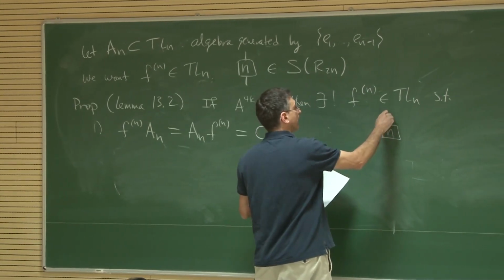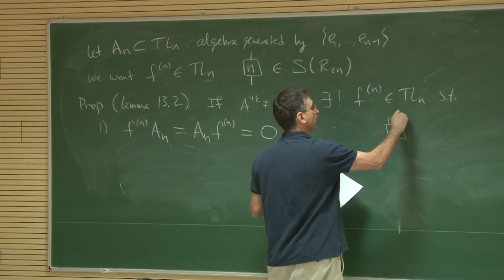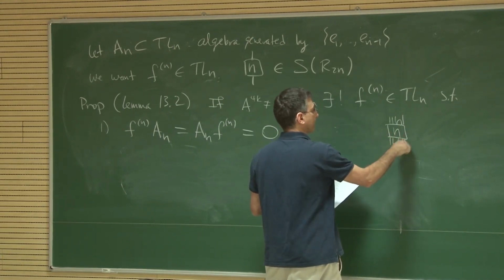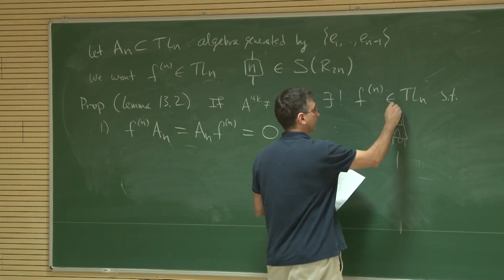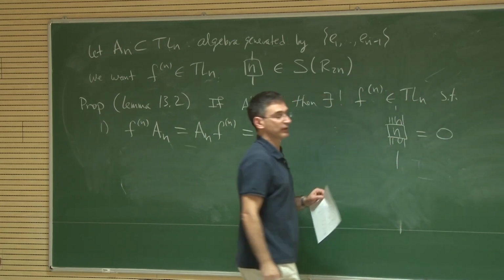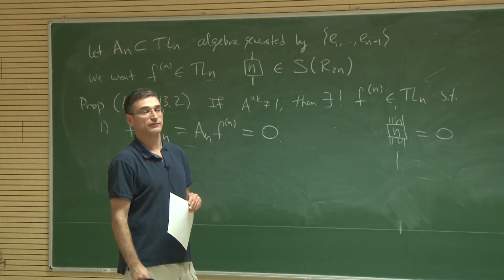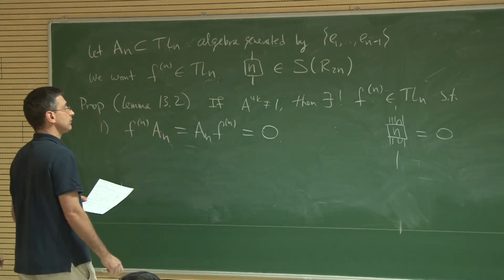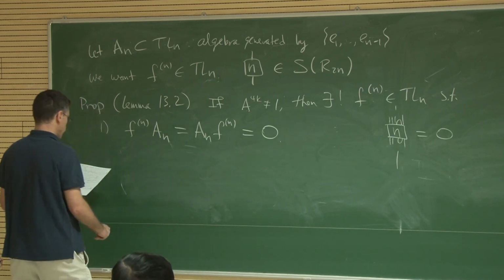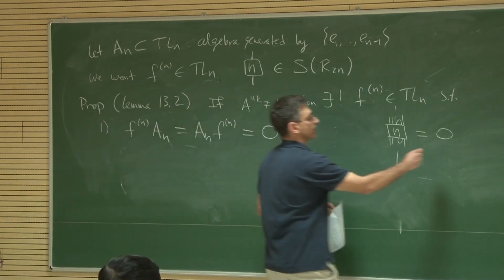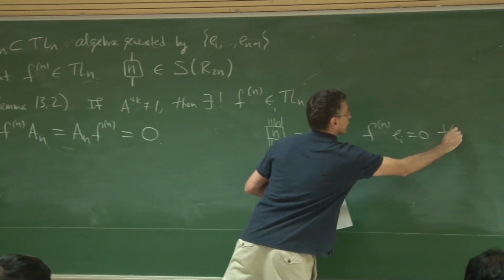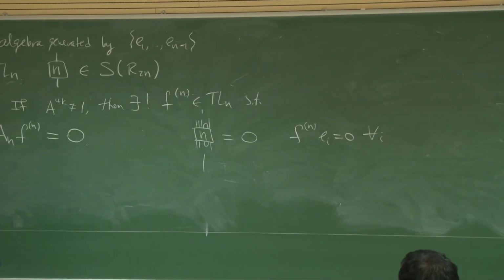If I have n strands, and I short circuit it anywhere, then I get a 0. Any short circuit gives me a 0. Property 1 is the statement that Fn EI is 0 for all I.